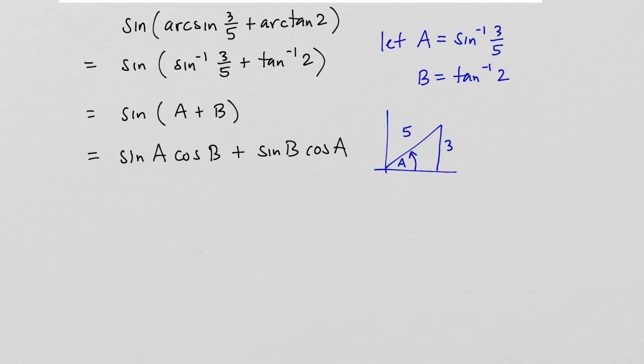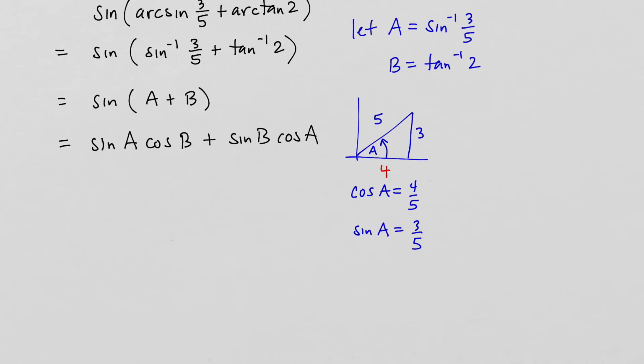This allows us to find the missing side, which we know is 4, because this is a 3, 4, 5 right triangle. Once we have completed this picture, we can say that cosine of A is 4/5, and along with that, sine of A is 3/5. And now we have the value here and also the value here.